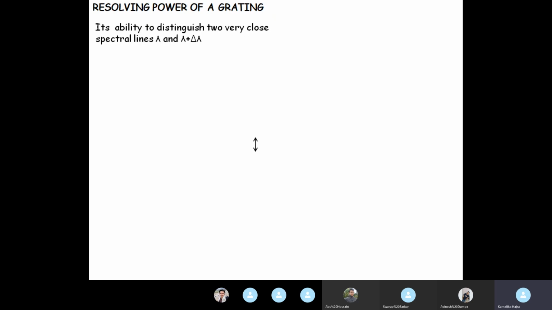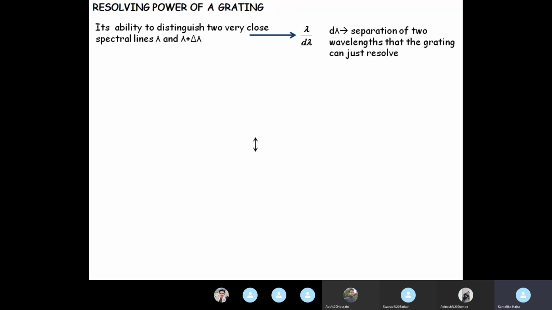So anyway, it's a very, very powerful instrument that would be able to show you the separation between lines that are so closely spaced. Okay. Typically, the resolving power of a grating is given by lambda by delta lambda, where d lambda is the separation of two wavelengths that the particular grating can just resolve.